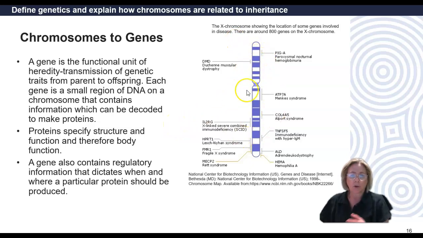Now, you don't need to know the information here, but this is just showing you the X chromosome, and it's showing you different locations of genes that are involved in disease. And the X chromosome itself has about 800 genes. Proteins, remember, specify structure and function, and therefore overall body function and homeostasis. And a gene also contains regulatory information that dictates when and where a protein should be produced.